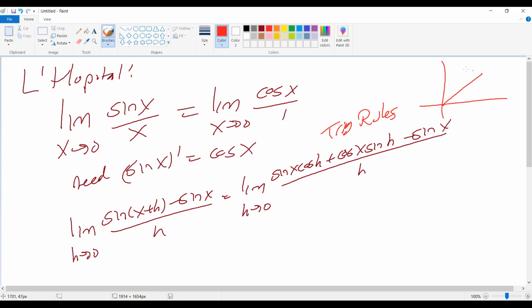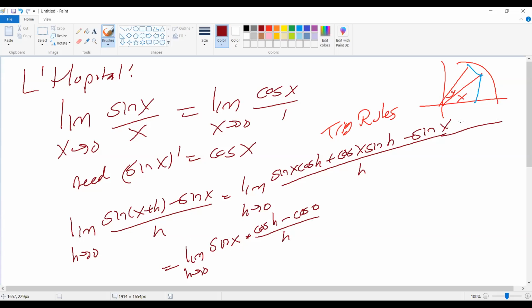You can prove that by looking at here's x, here's y, and you can look at angles coming down like this. That's not a problem. And then you can write this as the limit as h goes to 0 of sine of x times cosine h minus cosine of 0 over h.